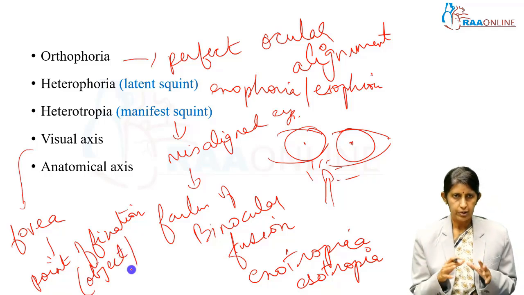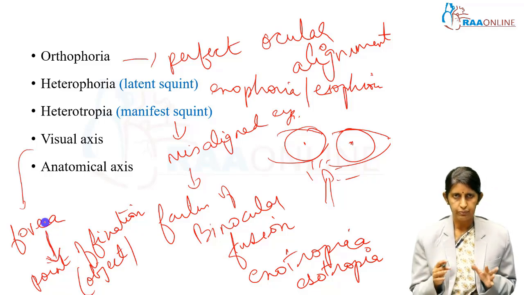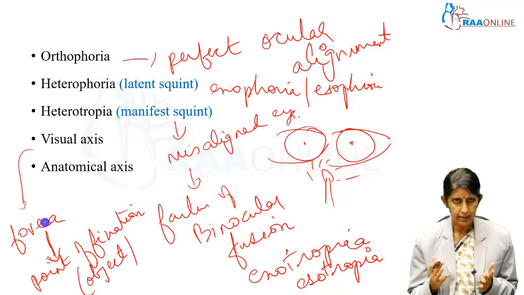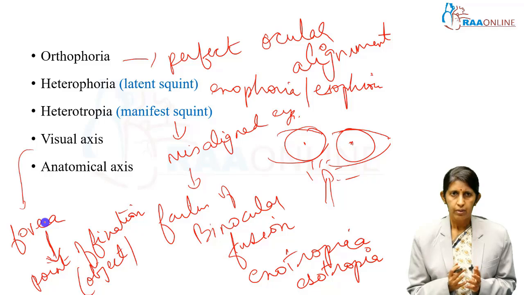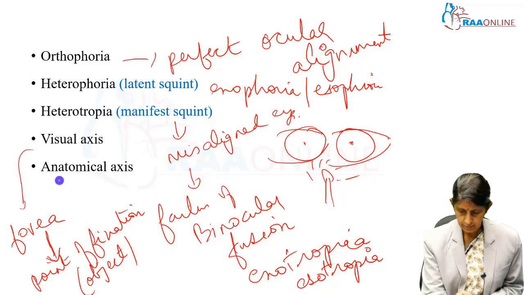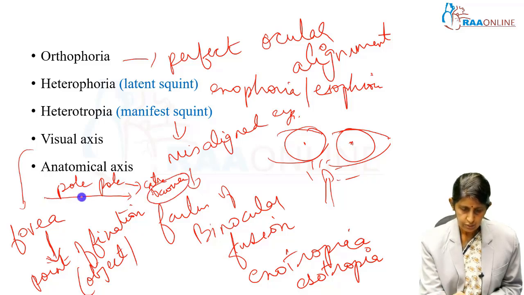We call it the visual axis, the axis through which vision is enabled. Whereas the anatomical axis passes from the posterior pole to the center of the cornea through the nodal point.